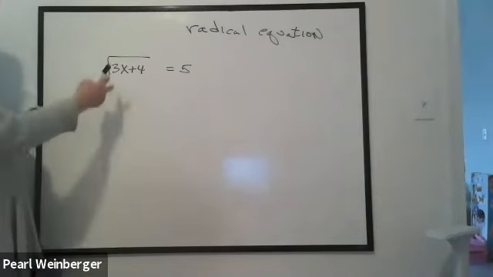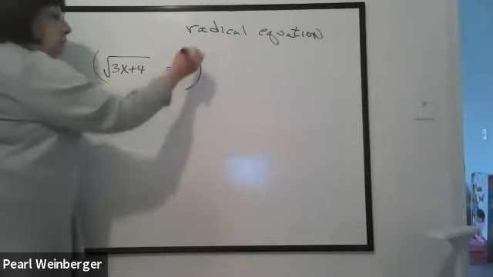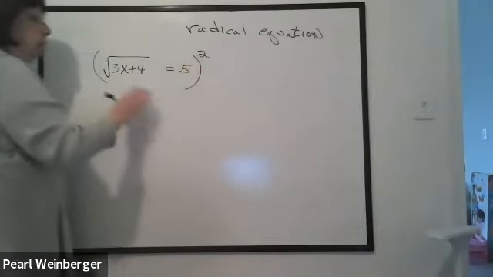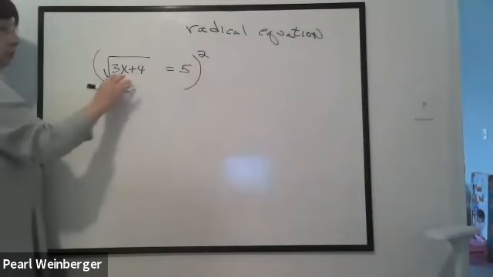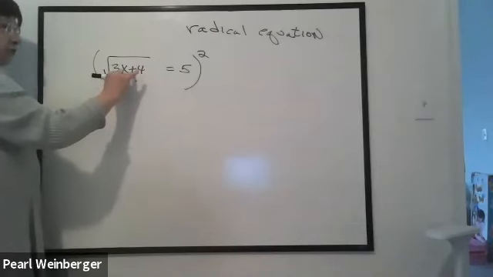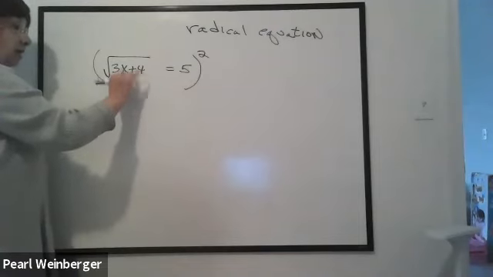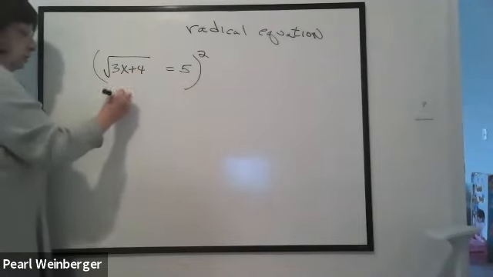Then if I want to solve this radical equation, what I'm going to do is square both sides of the equation because I want to get rid of the radical. I square the side that has a radical in it. If I multiply the square root of 3x plus 4 by itself, it just gives me the 3x plus 4.